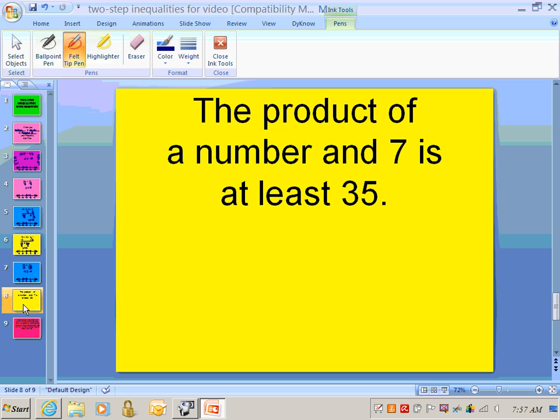Now for a word problem. The product of a number and 7, product means multiply. So the product of a number and 7, so 7 times a number, is, means equal, at least 35. If it's at least, it could be more than. So this could be more than 35.